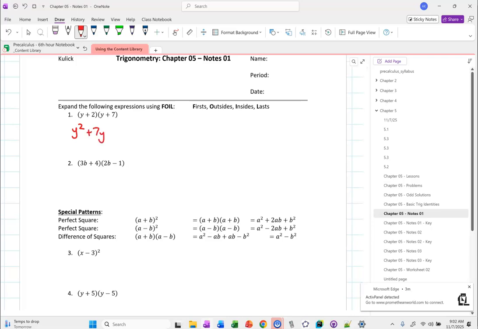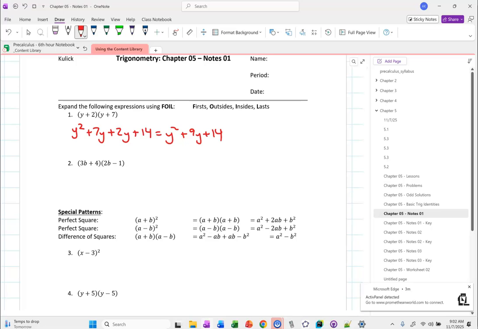Inner is 2y, and then last is 14. When we combine our like terms, we add the 2y and the 7y and get 9y. Everything else stays. Feel good?